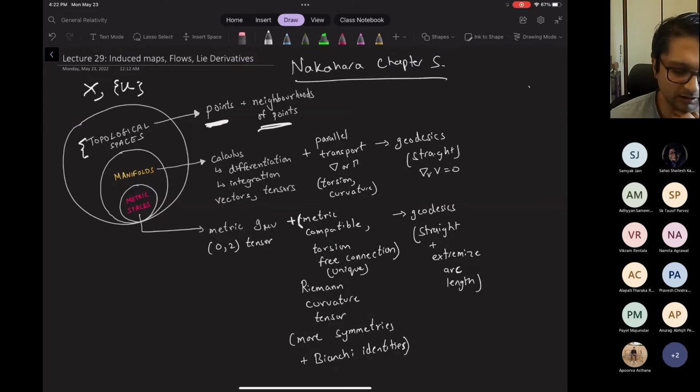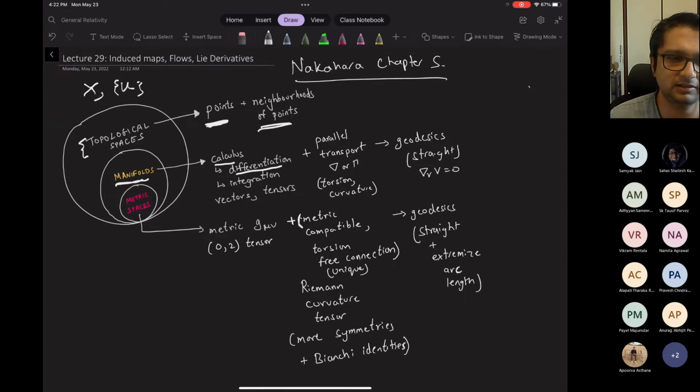Then within topological spaces, there was a subclass which we were interested in, which are manifolds. Manifolds are topological spaces which locally have the topology of Rn. Not globally, but local patches have the topology of Rn. On manifolds, we were able to do calculus by defining things like differentiation, that is, by talking about curves, or we can talk about tangent vectors to those curves, and that allows us to define the notion of a derivative.